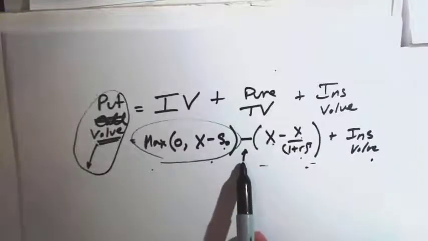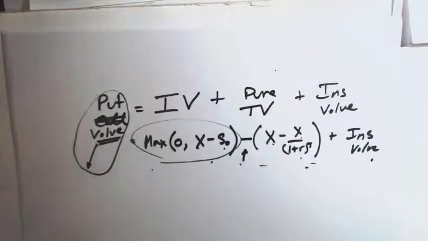Now, let's spend a minute on this negative sign. Remember, with a put option, you have the ability to get your hands on the proceeds right away if it's an American put. But with a European put, you delay getting your hands on those proceeds because you can only exercise it and get X at expiration.